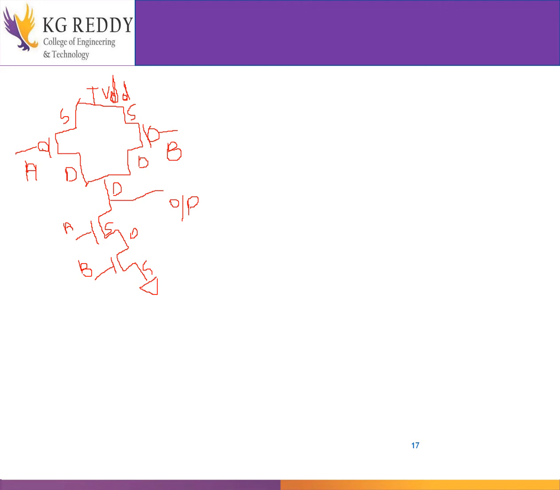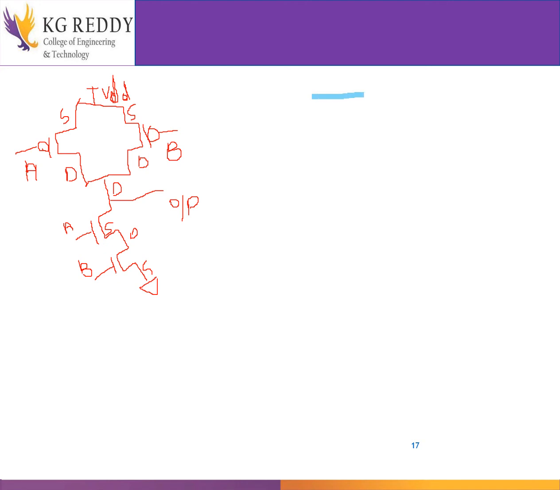As we know, for the polysilicon we are using red, for the P diffusion I'll be using yellow, for the N diffusion I'll be using green, black I'll be using for the contacts, and for the metal I'll be using blue. So now first I'll draw the stick diagram.